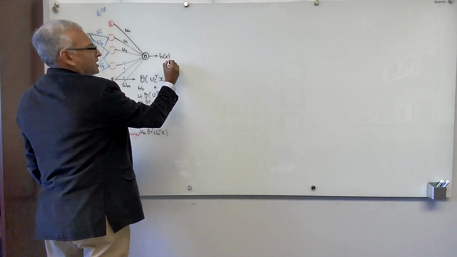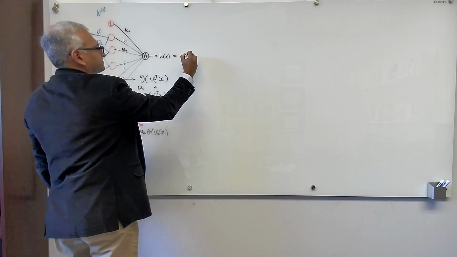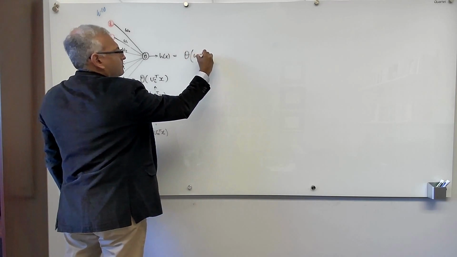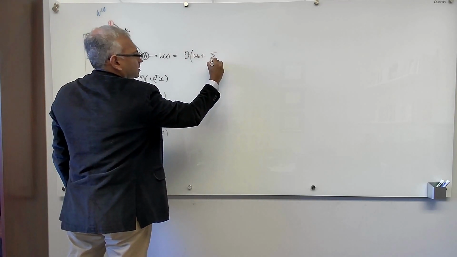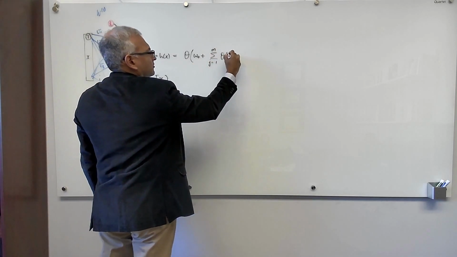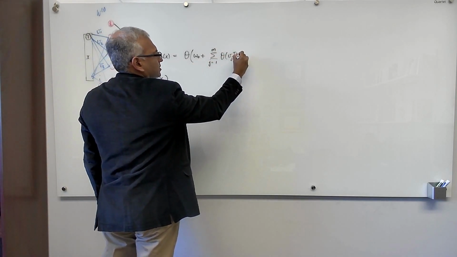So the output H of X is equal to theta of W0 plus the sum from j equals 1 to m of Wj theta of Vj transpose X.